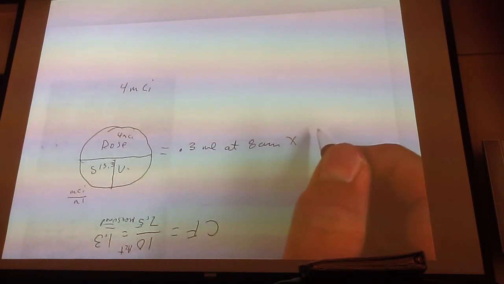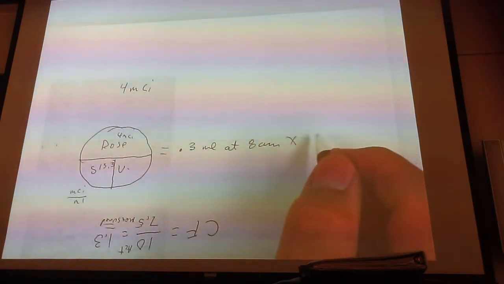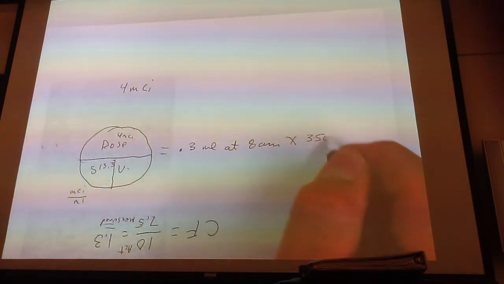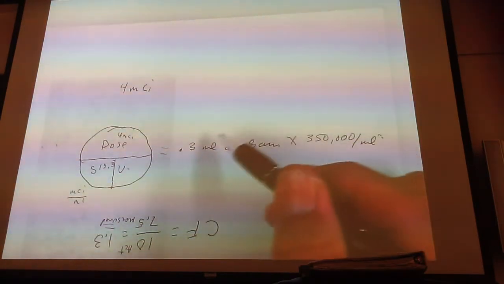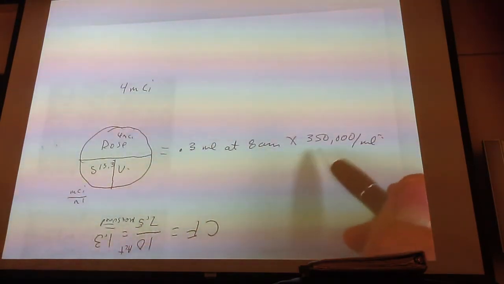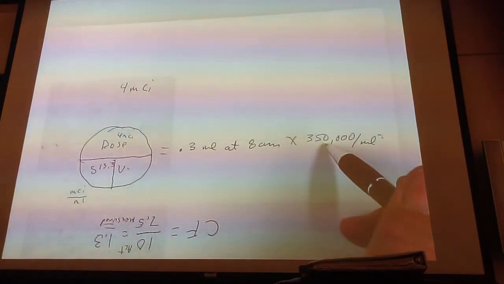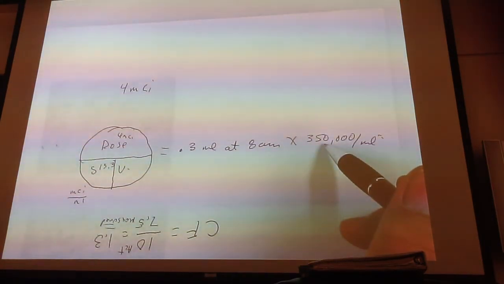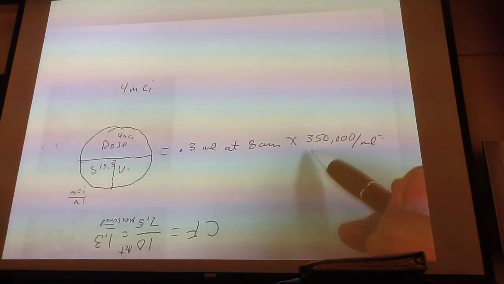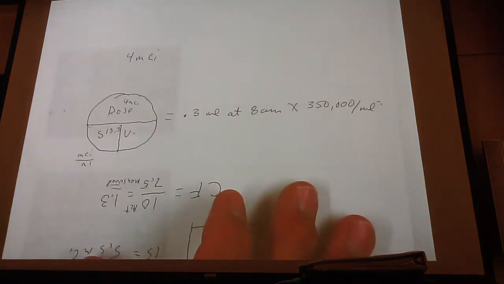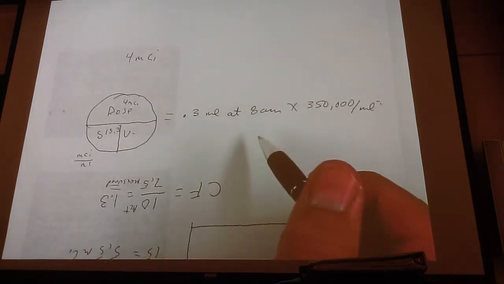Times, we have 350 particles per ml. So 0.3 times that is going to be roughly, what, 10,000 particles? 105. 0.3 times that? Yeah, 105.26.